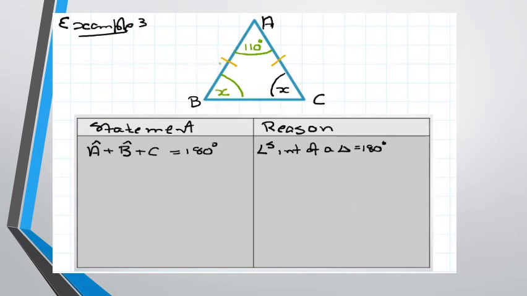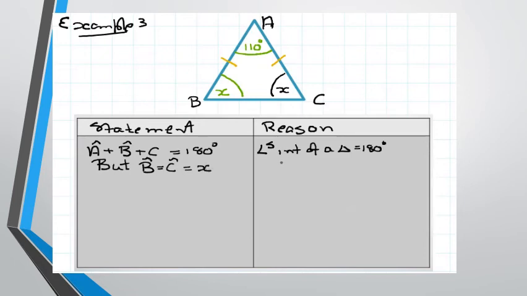So therefore that angle also has to be the same in that particular case. So now we're going to say angle B must be equal to angle C must be equal to x.